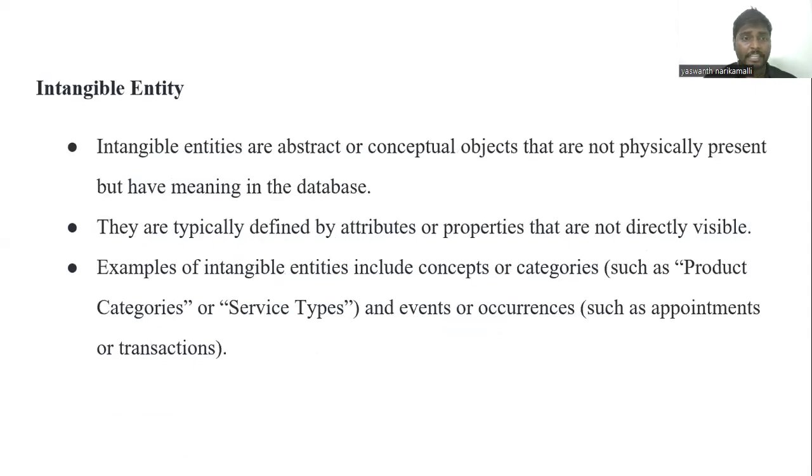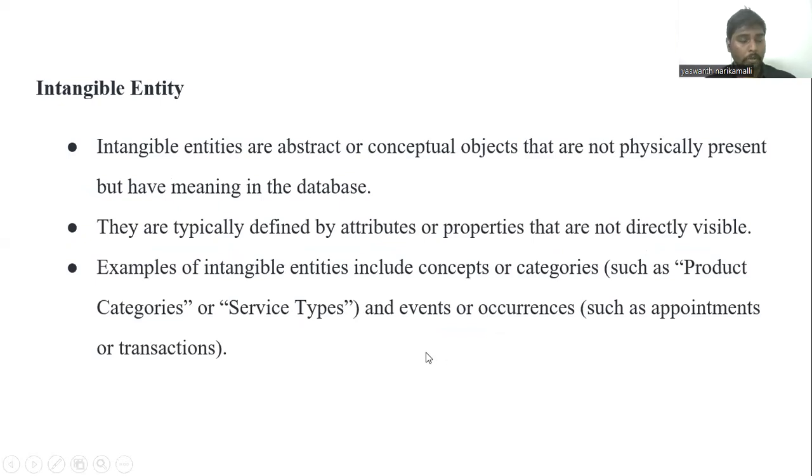Whereas coming to the intangible entity, intangible entities are abstract or conceptual objects that are not physically present but have meaning in the database. They are typically defined by attributes or properties that are not directly visible. Like product categories.